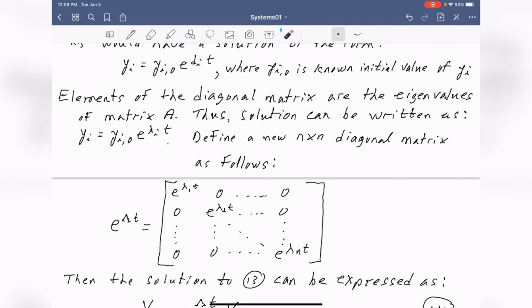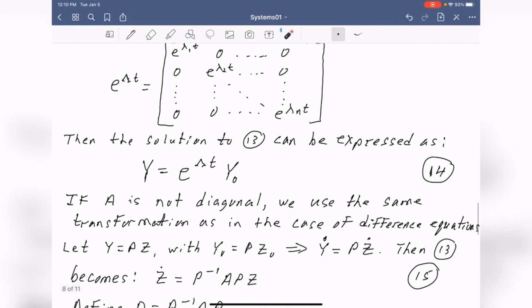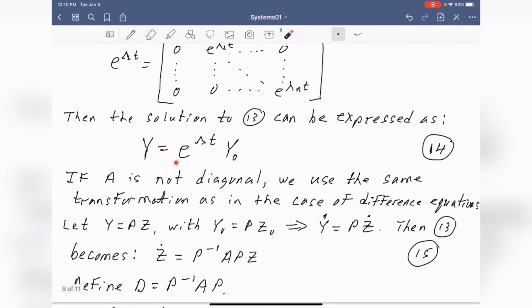And we define a new n by n diagonal matrix, e to the capital lambda t, which is given by these elements here: e to the power lambda_1 t, e to the power lambda_2 t, all the way to e to the lambda_n t along the diagonal, with zeros in the off diagonal. So this matrix here is a diagonal n by n matrix. Then the solution to 13 can be expressed as y equals e to the capital lambda t y0.